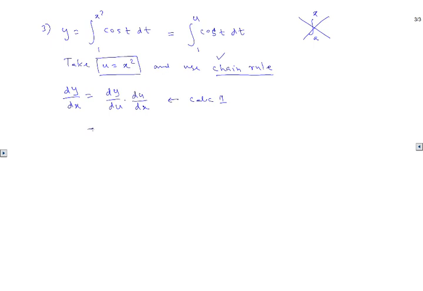So let's plug in. dy by du is d by du of the integral, where y is the integral from 1 to u of cosine t dt, that's the first part, and then du by dx.